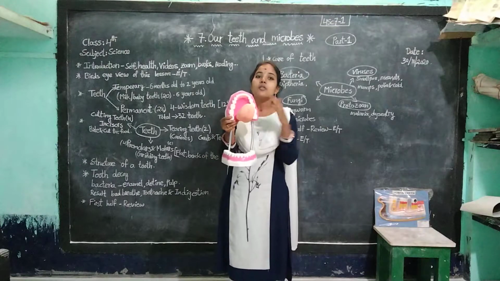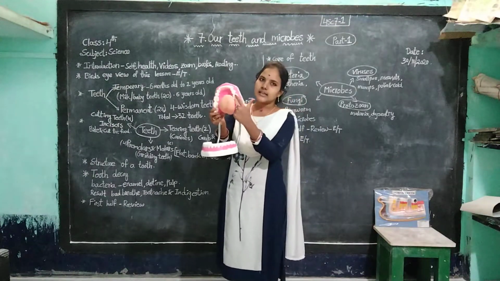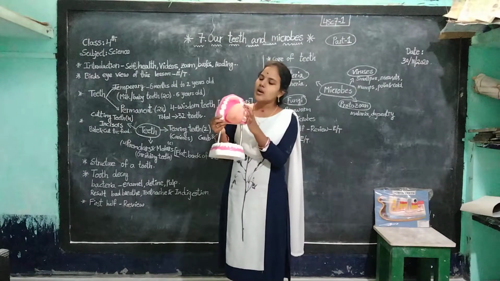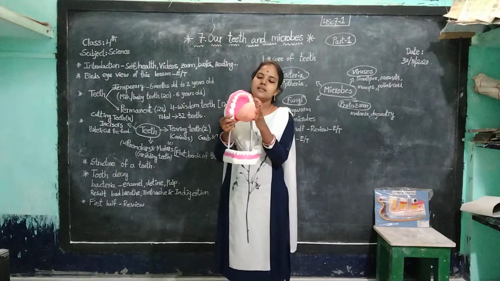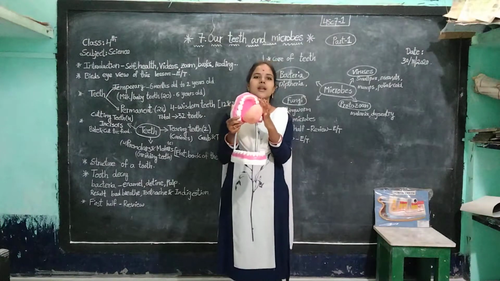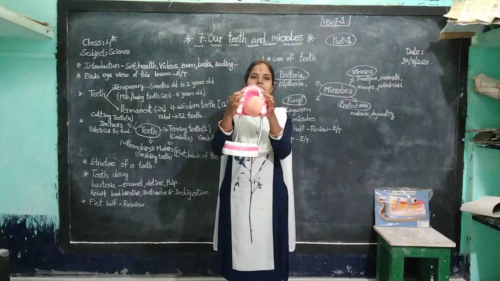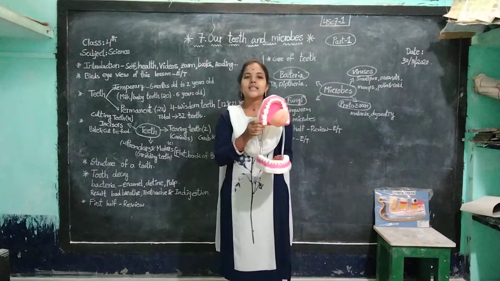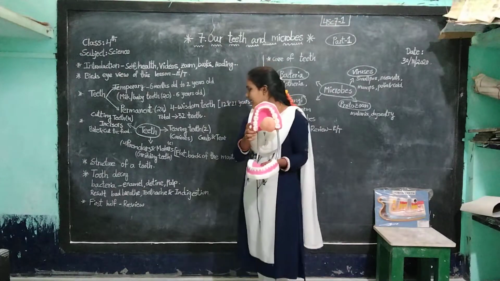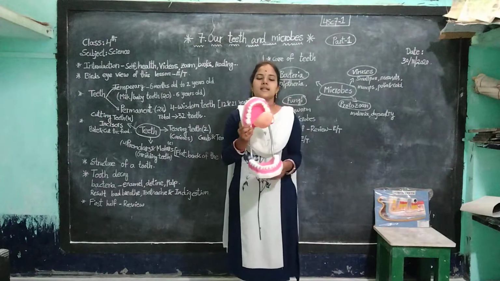In each jaw we have 6 molars. How many? 6. These 3 look like double teeth, and premolars also look like molars but a little bit small. These 2 are the premolars, and these two also premolars. Did you get the point? The double teeth are called the molars.